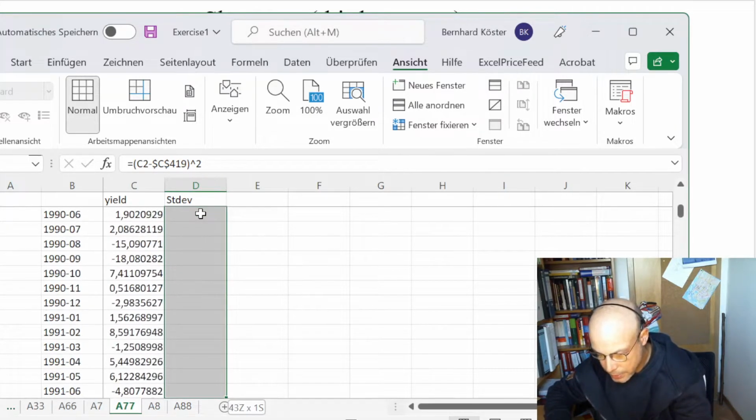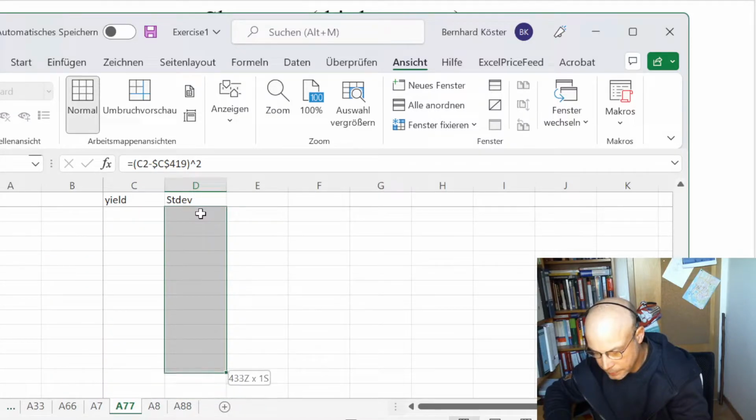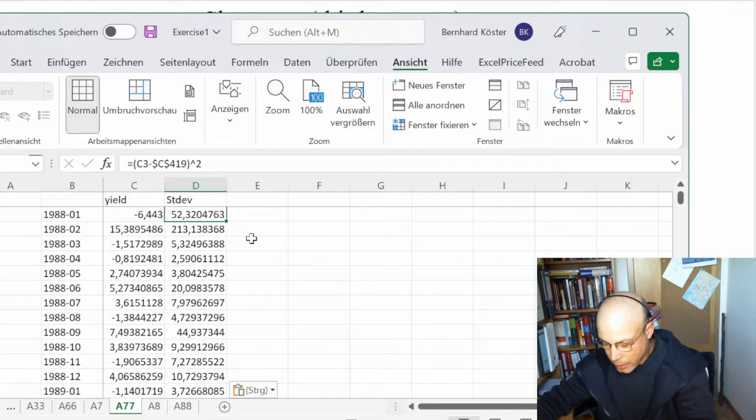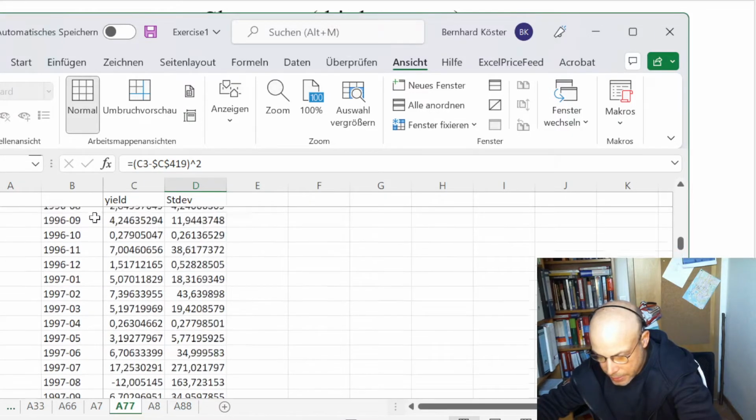And this we have to do for every number. And summing up, dividing by n minus 1.